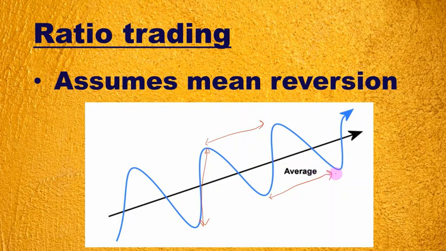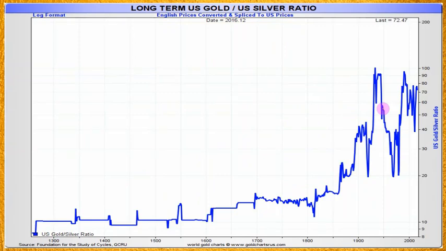We also have to note that this mean reversion assumption isn't necessarily always correct. This chart looks at almost 8 centuries of the gold-silver ratio. We can see that up until the early 1800s, the amplitudes are actually pretty small.